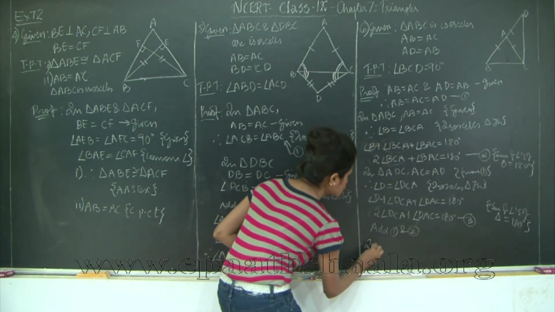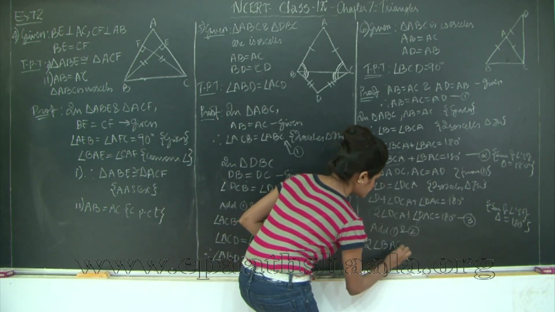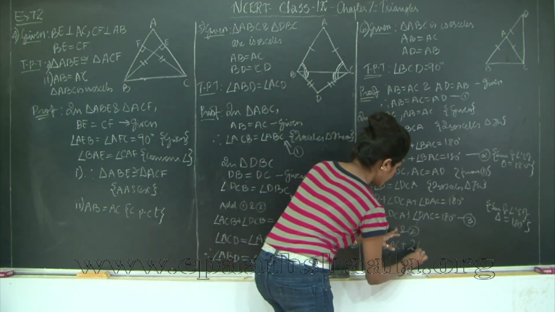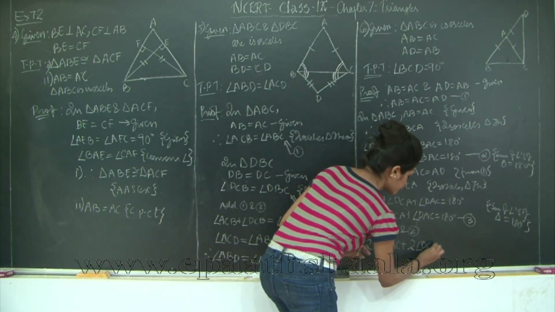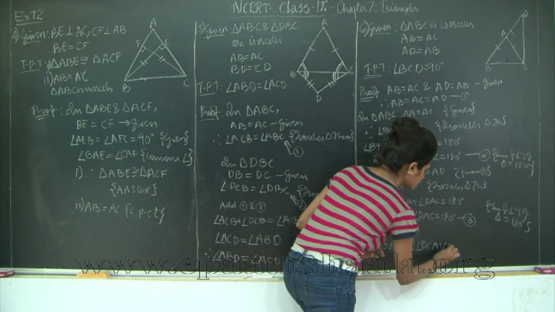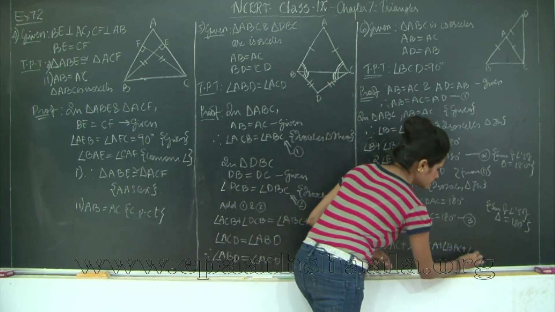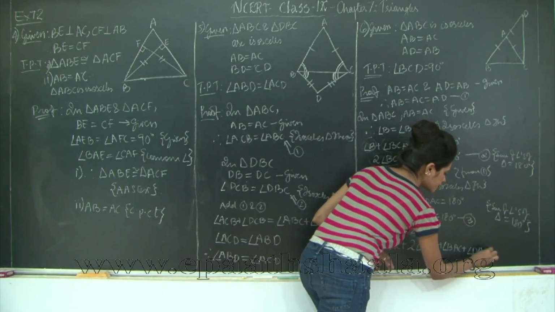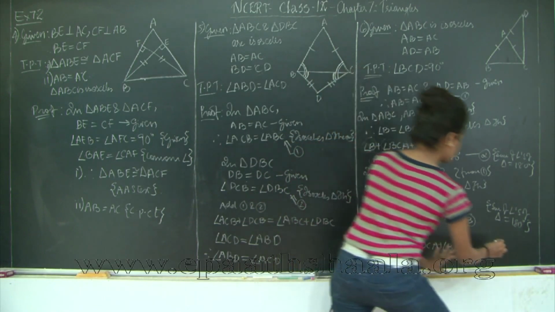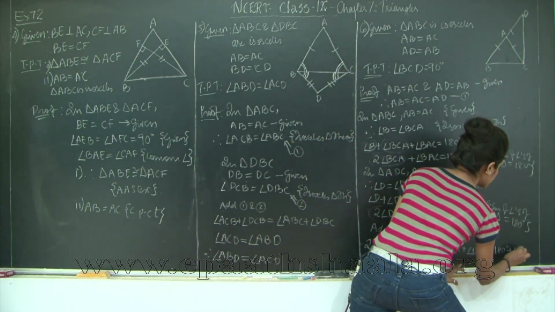I get 2 angle BAC plus, I'll write it here only, 2 angle DCA plus angle BAC plus angle DAC is equal to 180 degrees plus 180 degrees.